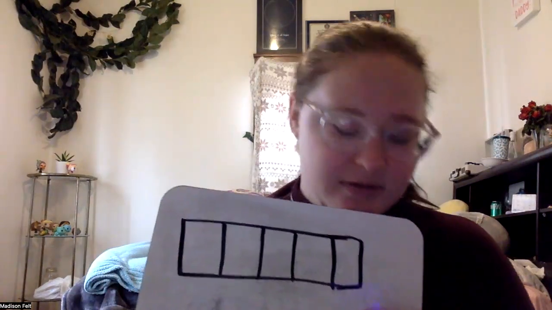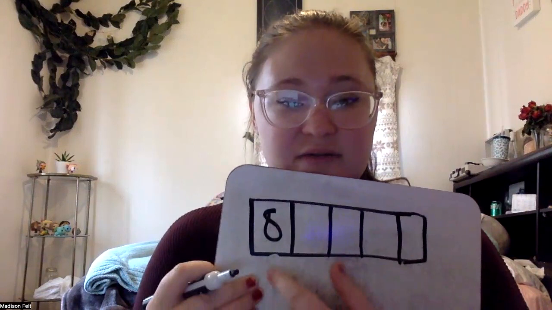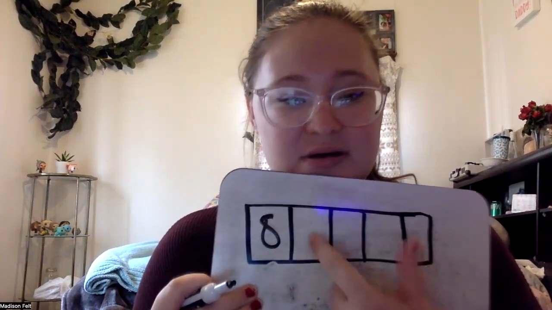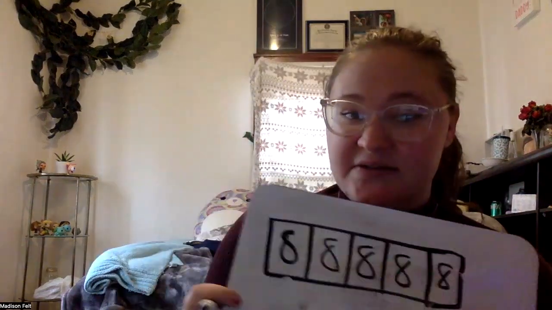So a fraction strip of fifths here. And we know one of these is $8, right? So 1/5 is $8. So all of these are going to be $8. So 8, 8, 8, 8. We have that. That is the amount that he spent on fast food.